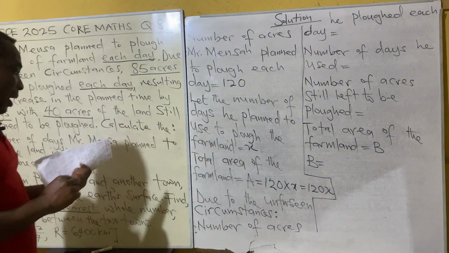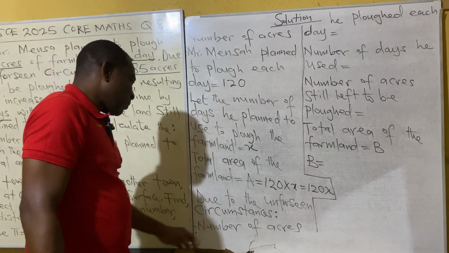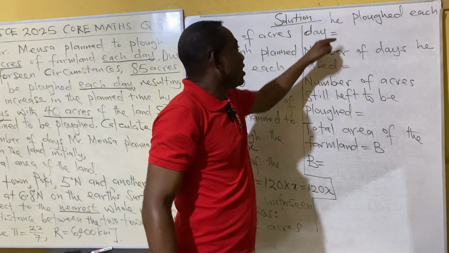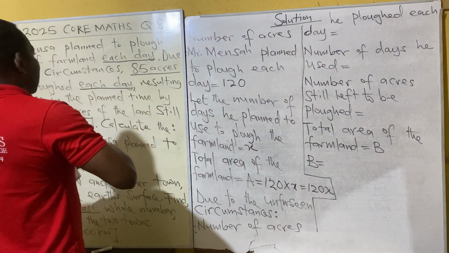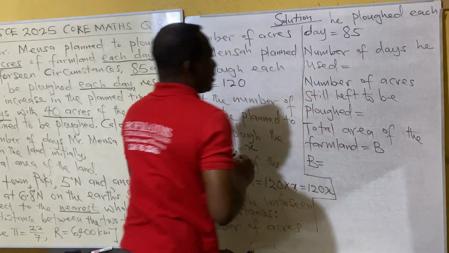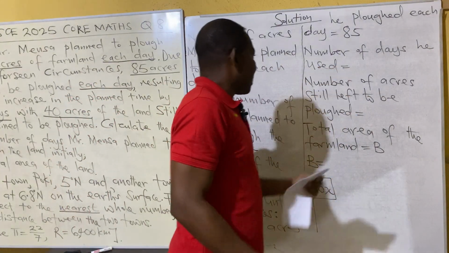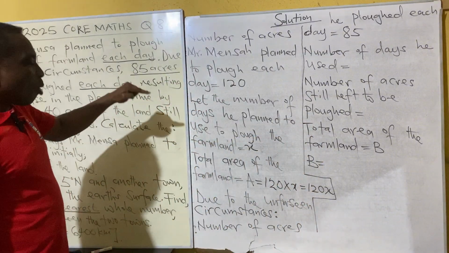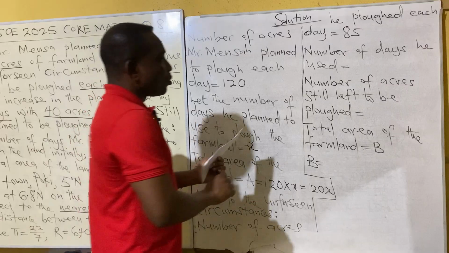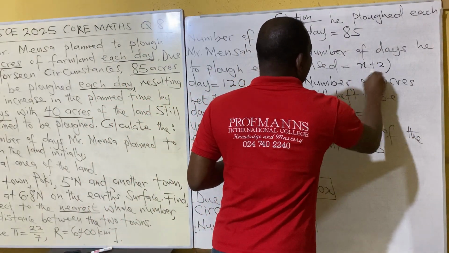Now, due to the unforeseen circumstances, the number of acres he plowed each day is 85 acres. And the number of days he used is, we were told, 2 days more than x, so it's going to be x plus 2.